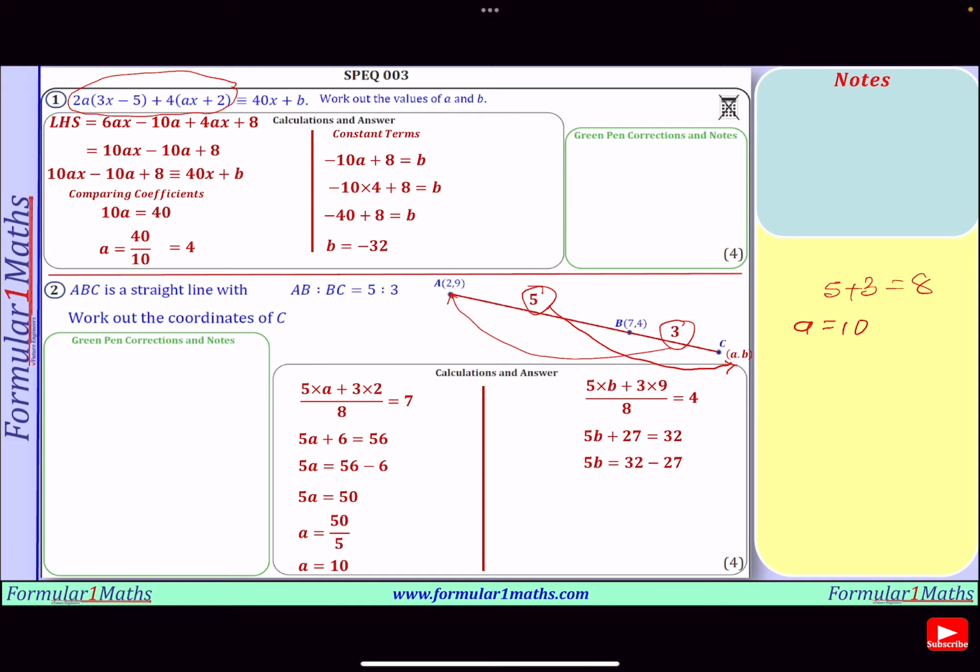And then 5b is equal to 32 minus 27. 5b is equal to 5, and therefore b is equal to 1.